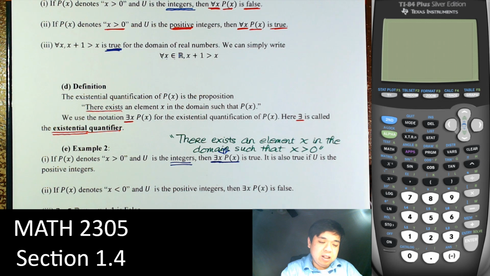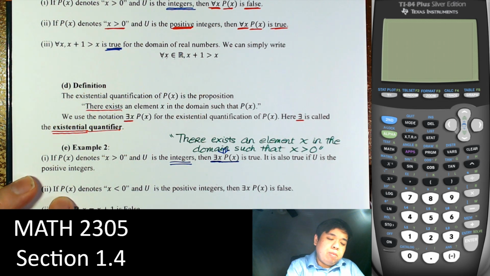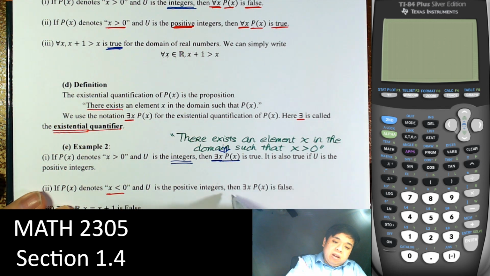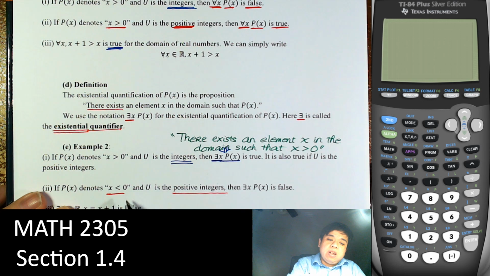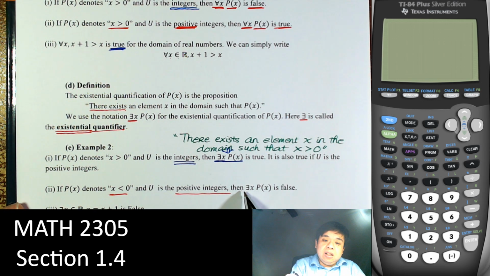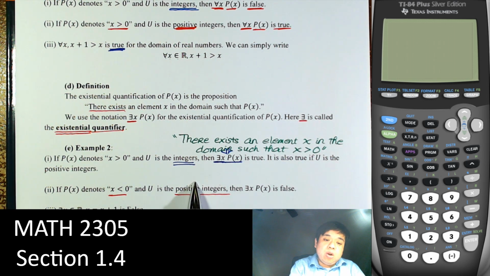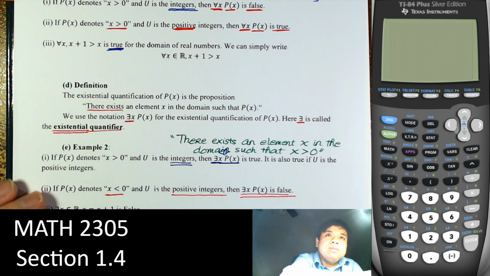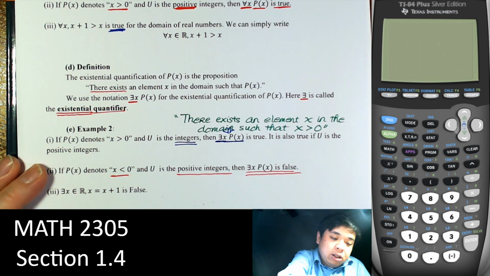Now if p of x denotes x less than 0, and we are only picking from positive numbers, of course no positive number is less than 0, so in this case there is none that makes p of x true. There's no positive number less than 0, so this is false, because this says at least one, and none is not enough.